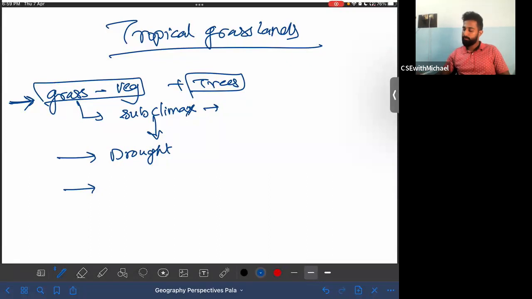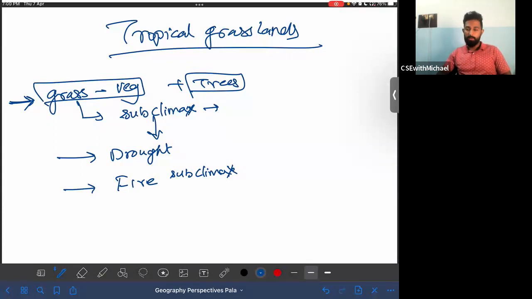Any other points? Drought is certainly one point I discussed earlier. There is fire subclimax, because every season, every year there is a fire, and fire would basically destroy the crops which are not suited, especially trees.